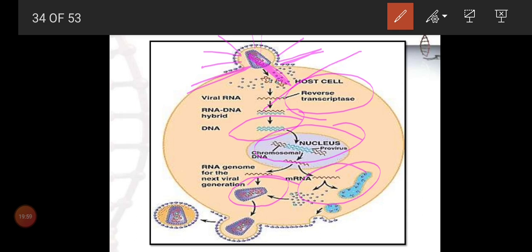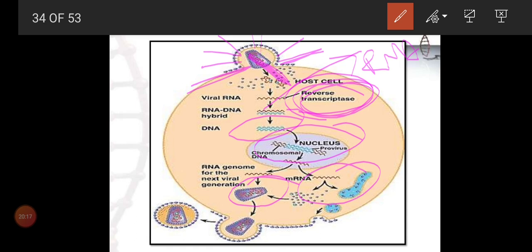Here you want to understand one clear concept. If it is RNA, it will go through the reverse transcription process, done with the reverse transcriptase enzyme. Clear, children? If it is DNA, it is not a problem; it will mix with the host DNA.